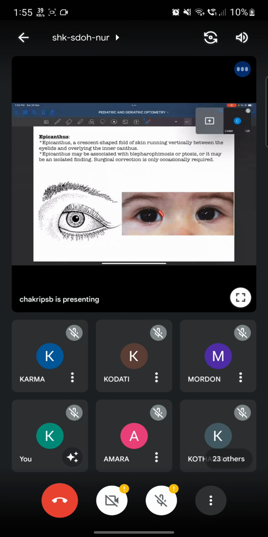Because of this epicanthal fold, it covers half of the caruncle, and the caruncle will be closed off by this epicanthal fold.